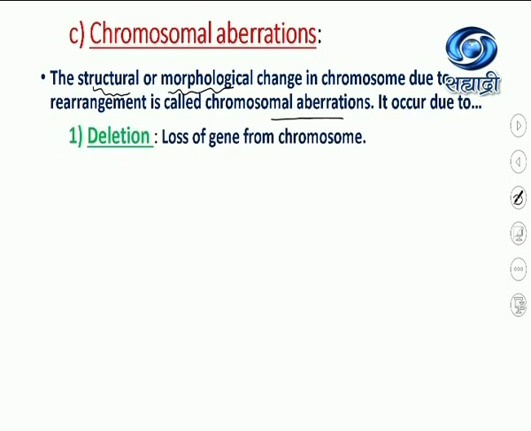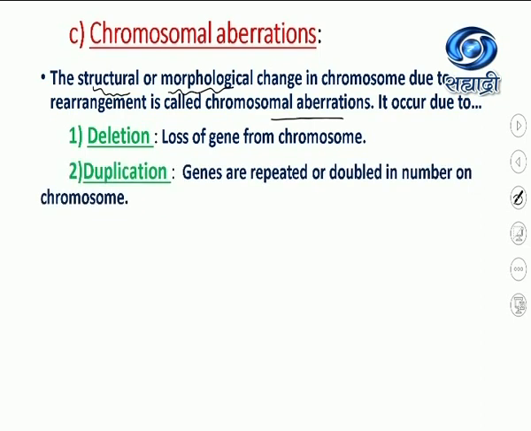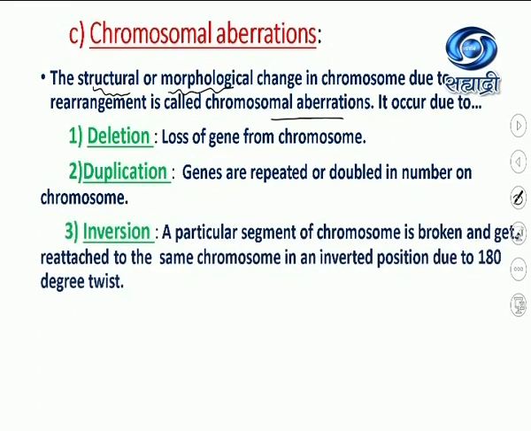It occurs due to, first, deletion, which is also called loss of gene from chromosomes, or duplication, which is when genes are repeated or doubled in number on that chromosome. Duplication, doubling of the gene. It may occur due to inversion. A particular segment of the chromosome is broken first and then reattached to the same chromosome in an inverted, opposite position due to a 180-degree twist.